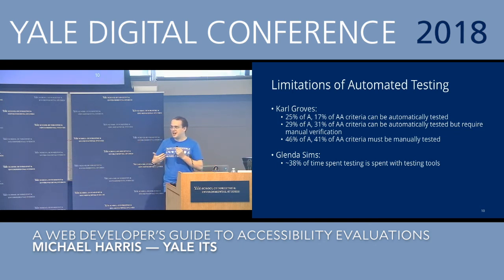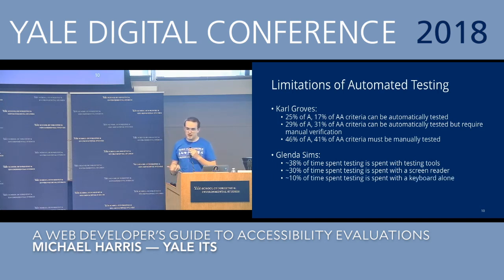So 38% of the time on an evaluation is with testing tools. 30% of the time is spent with a screen reader. 10% of testing time is spent with a keyboard alone, and then the remaining 22% of time is spent writing reports. So even with automated testing, best case scenario, you're going to spend less than 40% of your total time using automated tools.